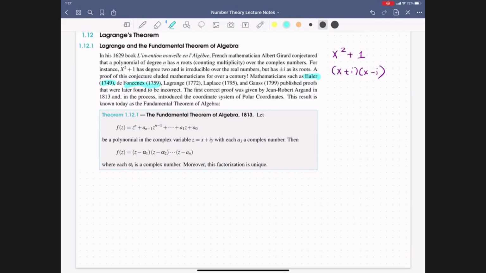Lagrange proved his Lagrange's theorem that we'll be covering today in 1771, and a year later he published a proof of the fundamental theorem of algebra, which was also found to be incorrect. Laplace, who was Napoleon's minister of the Interior, also published a proof that was wrong, and so did Gauss in 1799. All of these proofs initially were thought to be correct, and then an error was found.